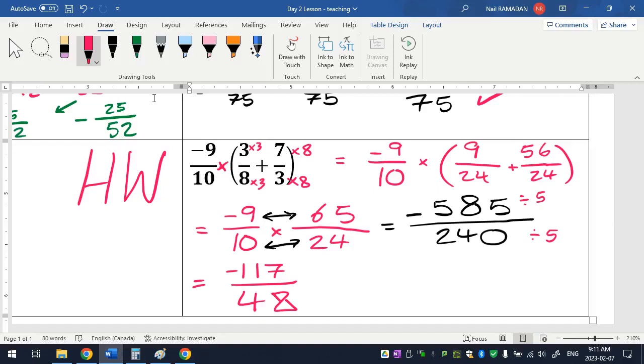Both of these divide 3. You didn't even have to check. All right. Go ahead. Divide by 3. What's 48 divided by 3? It's 16. Now, what's 117 divided by 3? That's 39 with a negative.